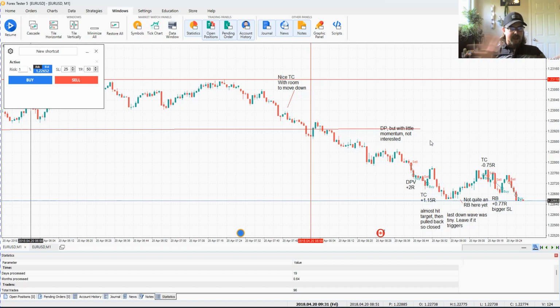I get unlimited data forever and no other costs. And I really like that just because I know I'm going to be using the software for a long time. So I don't want to be paying a monthly subscription or a yearly subscription for data. I just paid a little bit extra one time, and you get all the historical data going back 20 years or so, and you'll get future updates on data as well.